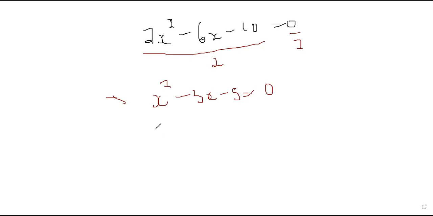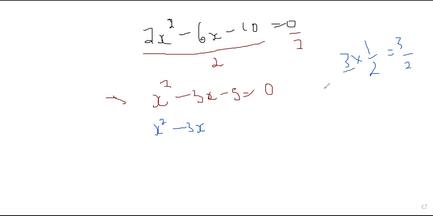So the next thing would be to say this is x squared minus 3x. Now we have to find half of 3 and square it. So you can simply say 3 multiplied by half, which will give you 3 over 2, right?